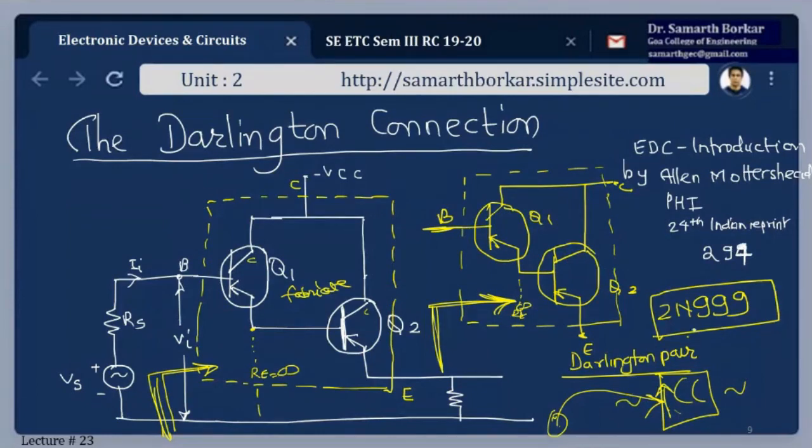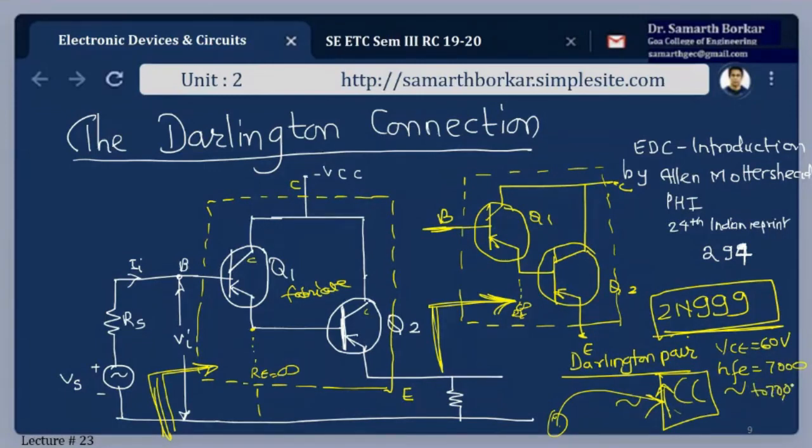And the example is 2N999. If I want to buy this from the market, I have to specify this number. It has a voltage capability VCE of 60 volts, and hFE, which for typical voltage amplifiers ranges up to 350. In this case, hFE is 7,000 to 70,000.